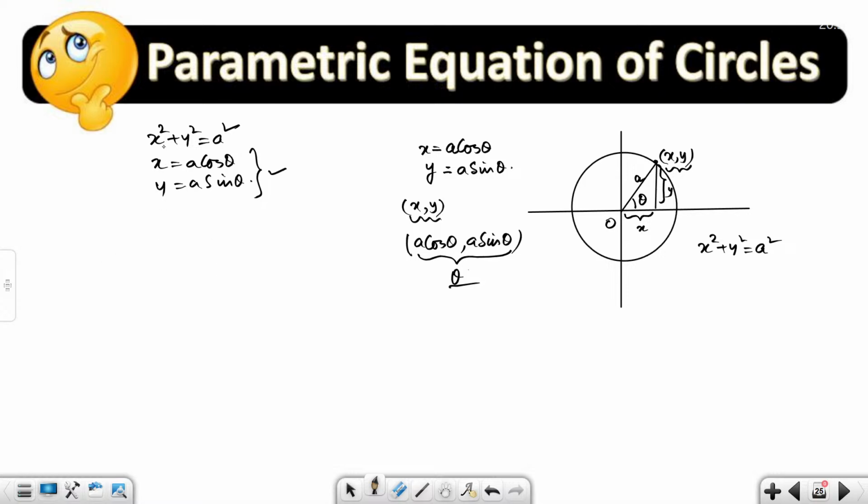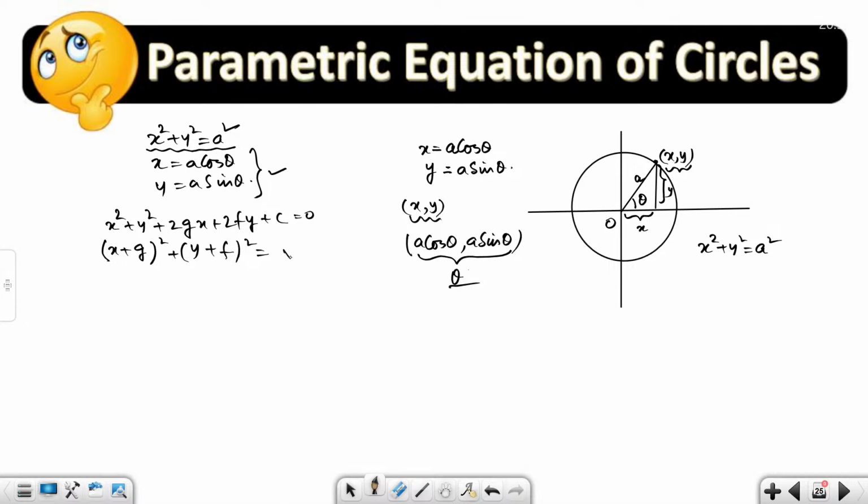Now the question comes here: this is your standard equation. But if the general equation comes, your general equation is something like this. Now if I solve it, this manipulation I have already discussed, so I'm not going to discuss it anymore here.